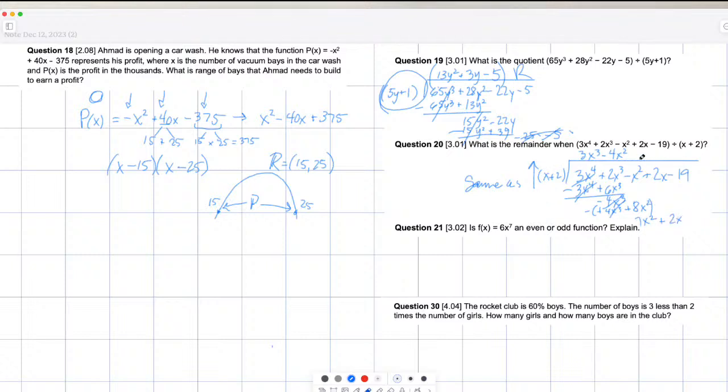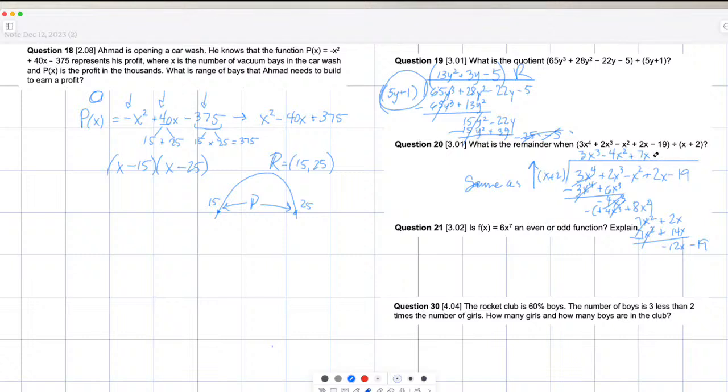Okay, so we want 7x. So 7x squared comes out here, 7x squared. And then 7 times 2 is 14x. And that is subtracted, so this goes away. 2 minus 14 is negative 12x minus 19.